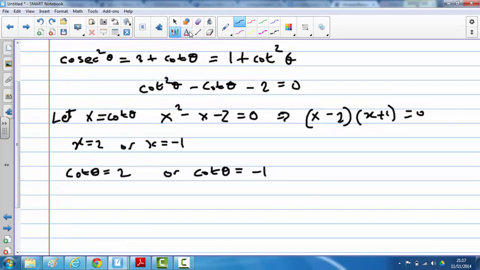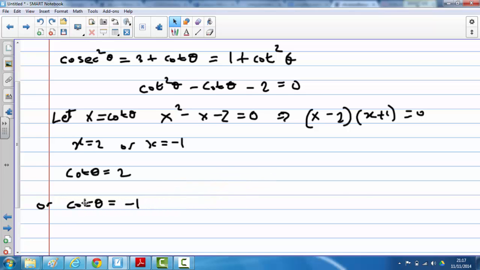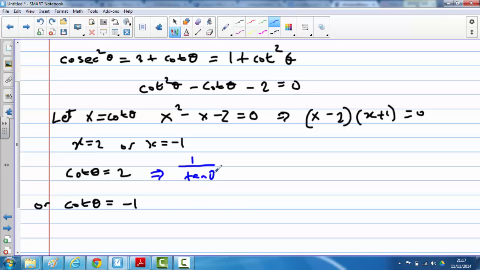So with cot theta equals 2, this will give us 1 over tan theta equals 2, and so tan theta equals a half, and we get theta being equal to 26.6 degrees.